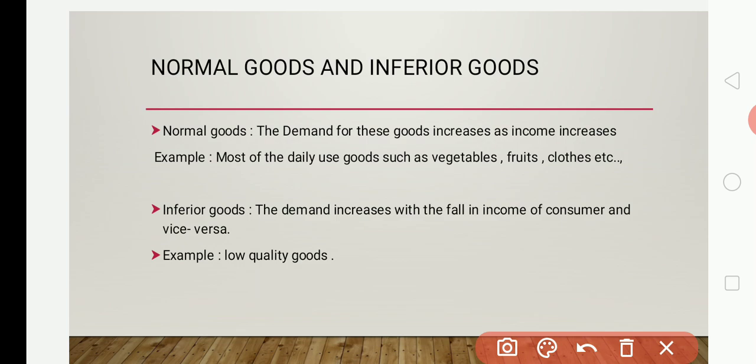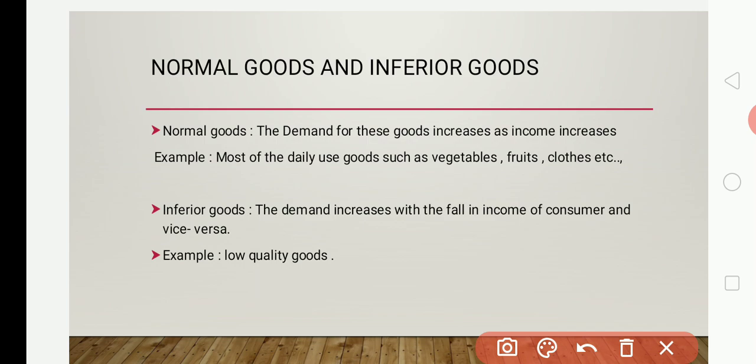Now I am not going to take the price, but instead the other determinant, which is the income of a consumer. Here the demand and income have a relationship. The normal goods state that the demand for these goods increases as income increases.